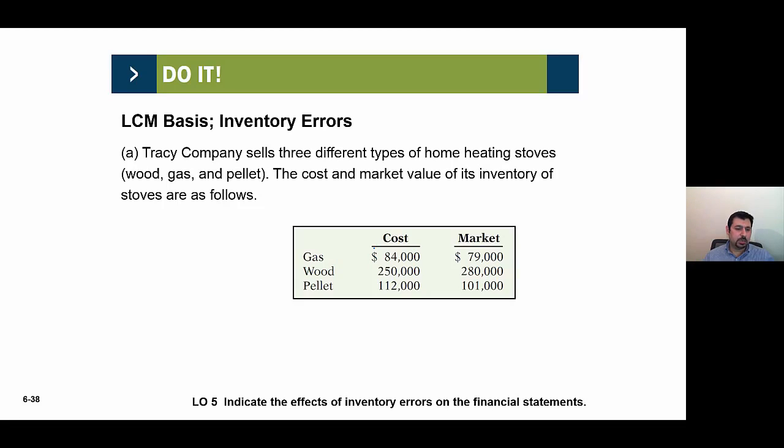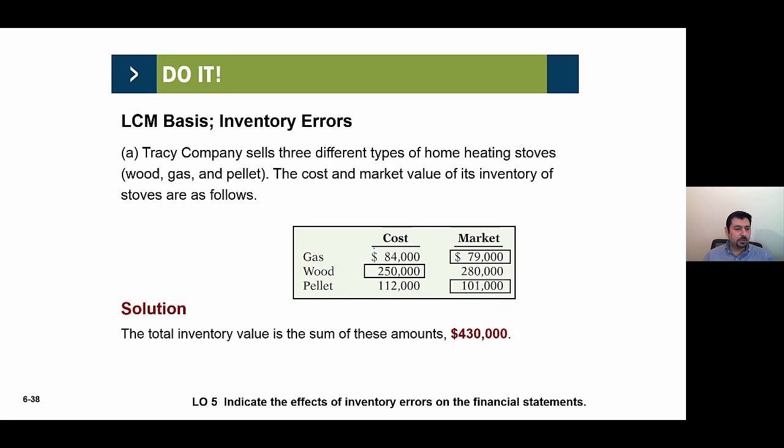The lowest is market, so we pick market. Wood, cost is 250, market is 280, so we pick cost. Pellet, it's 112 for cost and market is 101, so we pick market. And at this point, the total inventory on the LCM will be 430,000.